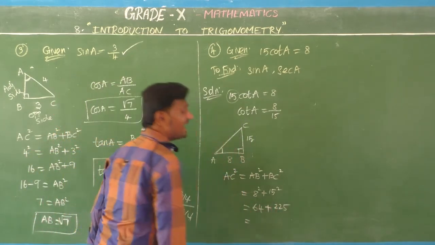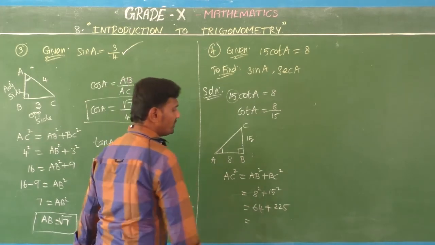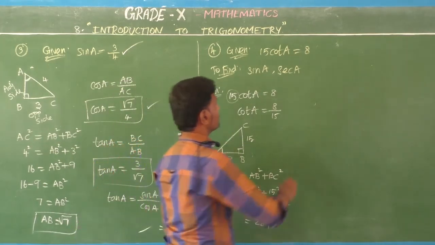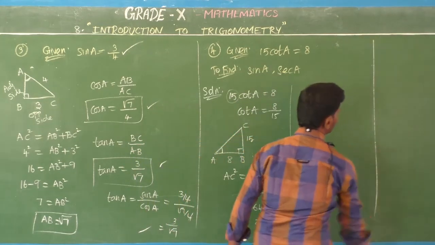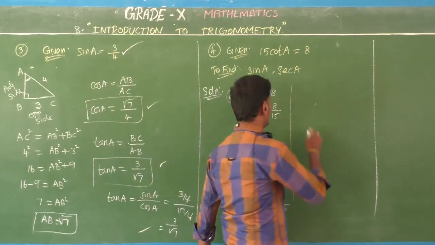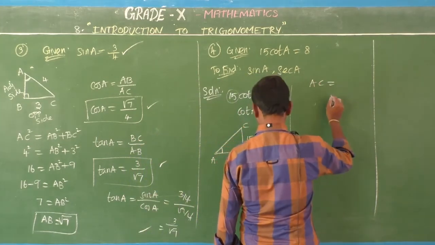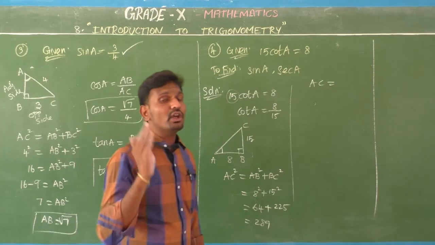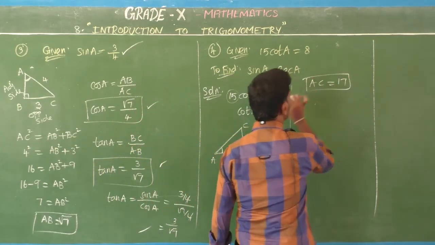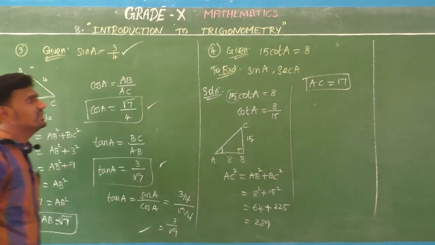Adding these two, 225 plus 64 is 289. So AC square equal to 289. Now the value of AC is the square root of 289, which is 17. So the value of AC is 17.